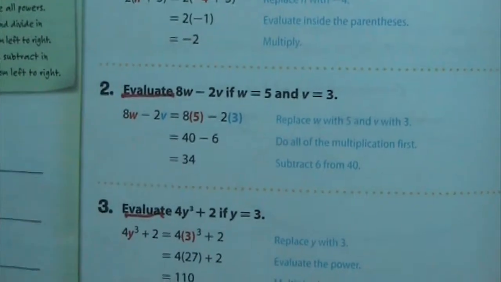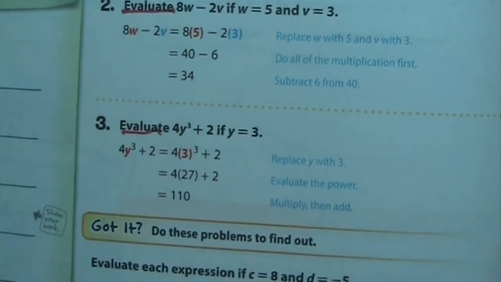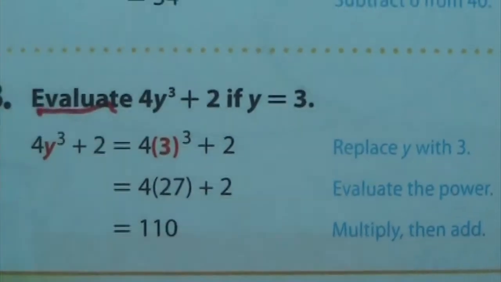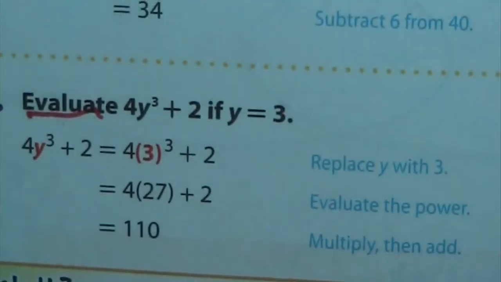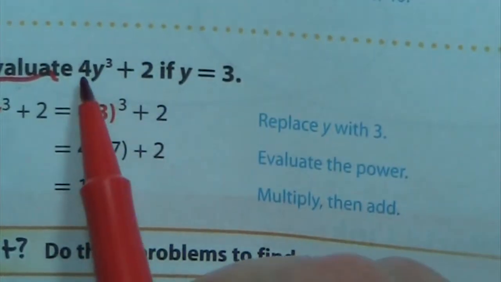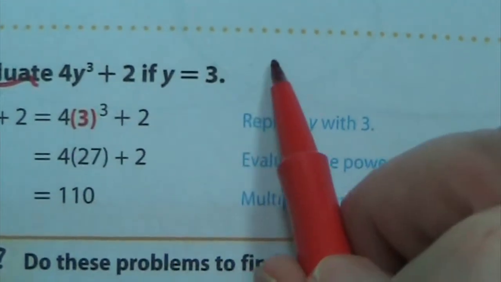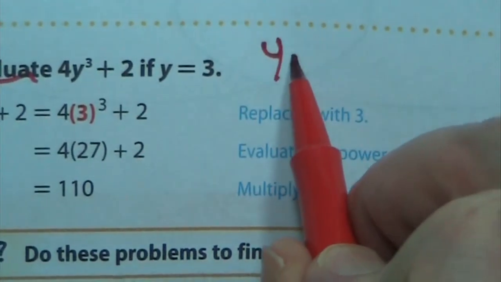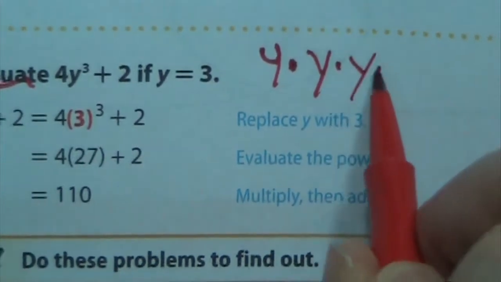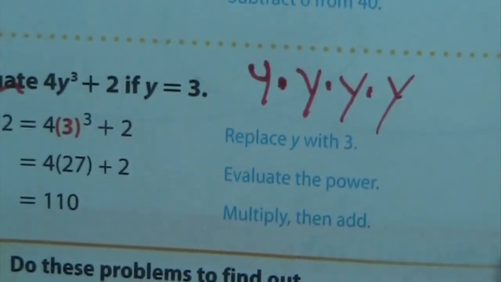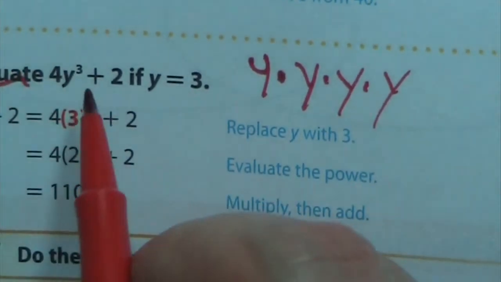Okay, same thing goes with number 2. Now, I would like to correct something I think they make a mistake on in this book. Not a mistake, it's just not very clear. When it says 4y to the third, that really is 4 times y times y times y, plus 2.